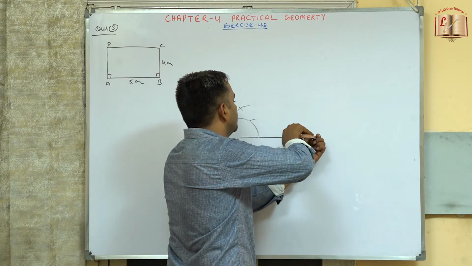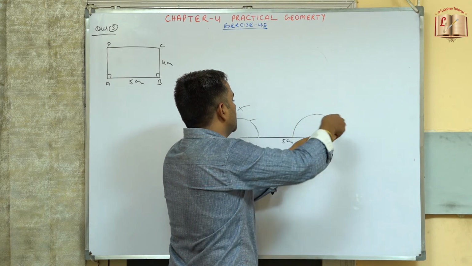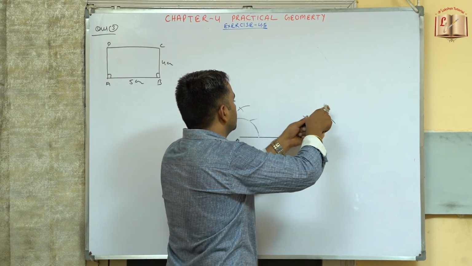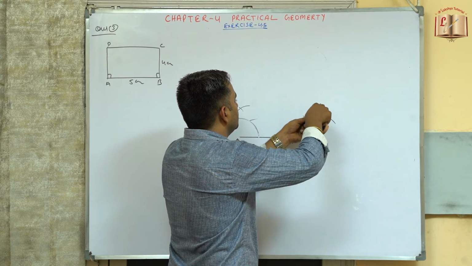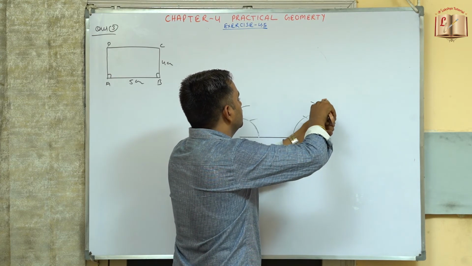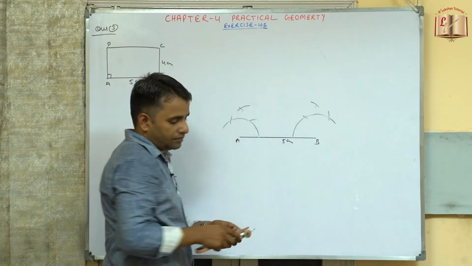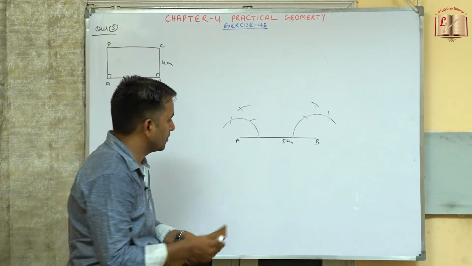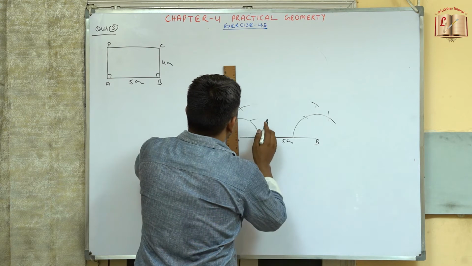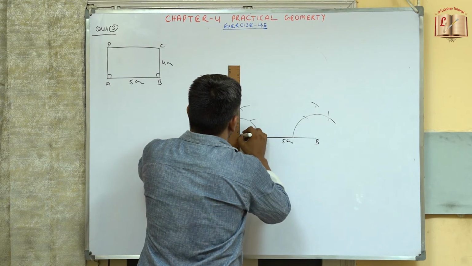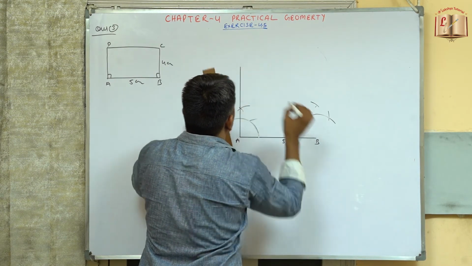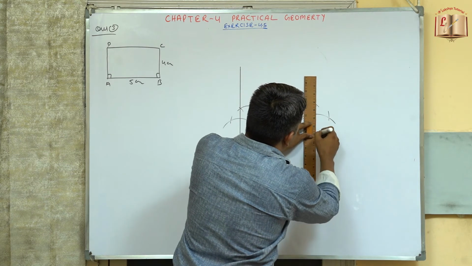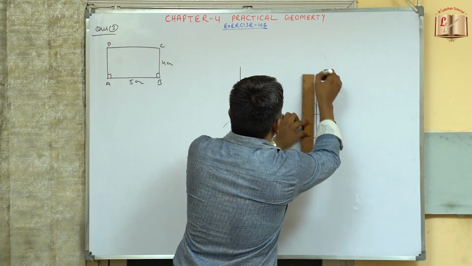Similarly from here we will draw angle of 90 degree. So this is 90 degree angle, and this is also the 90 degree angle now.